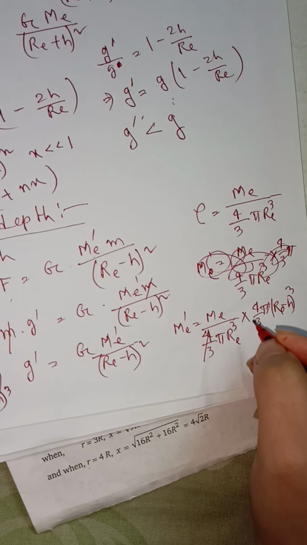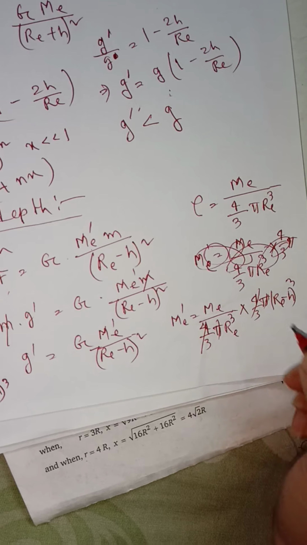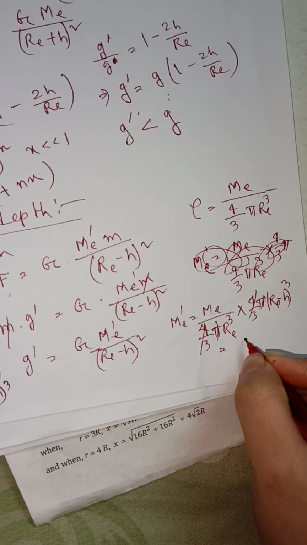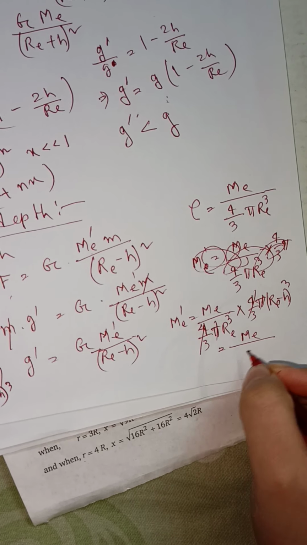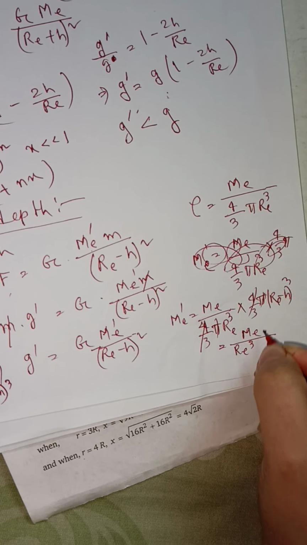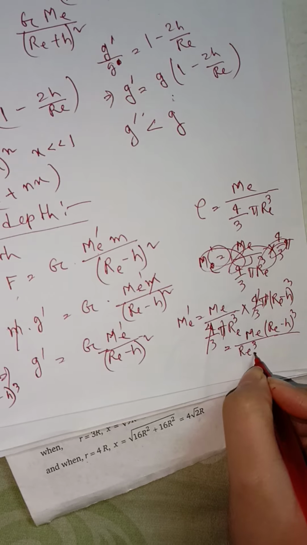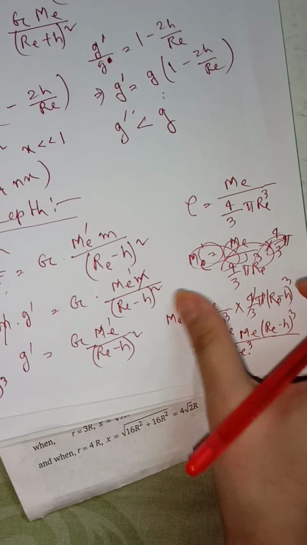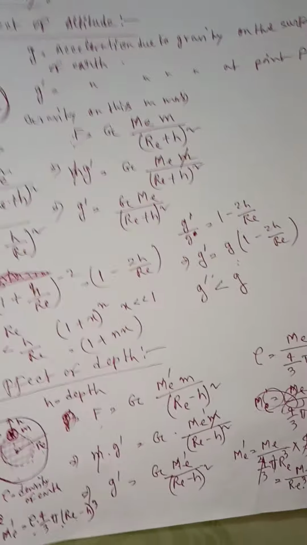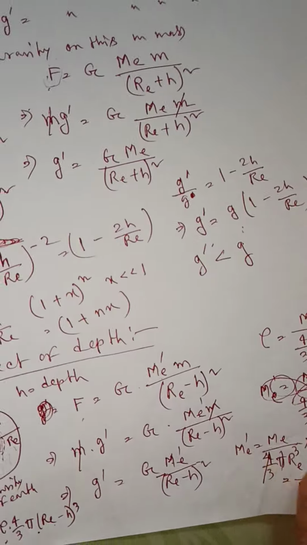So just cancel 4 by 3 pi. So ME by RE cube into (RE minus H) whole cube. So just put this value at here. So if we put this value, then we will get G dashed equals, just look at here.